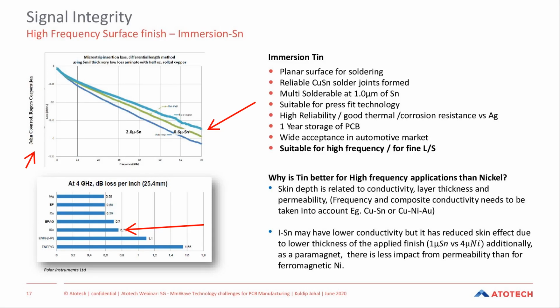Typically the operating frequency for these types of applications is 77 gigahertz, and they're gradually moving up to 80 gigahertz. But you also have to think of the humidity and high temperature of some of the circuits operating in that environment, and it can stand up to those types of harsh environments.